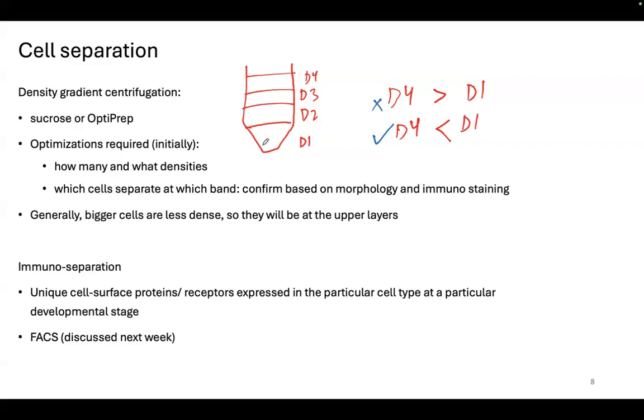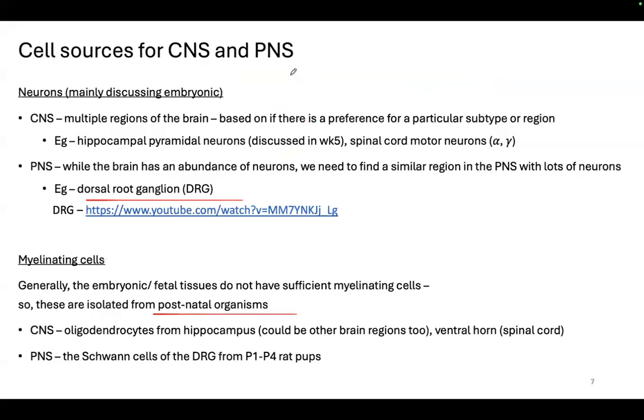So different mediums could be different concentrations of sucrose, or different concentrations of some defined chemicals like OptiPrep. Again, you'll have different concentrations put, and then on top of it, you're going to add your cell suspension, the single cell suspension.